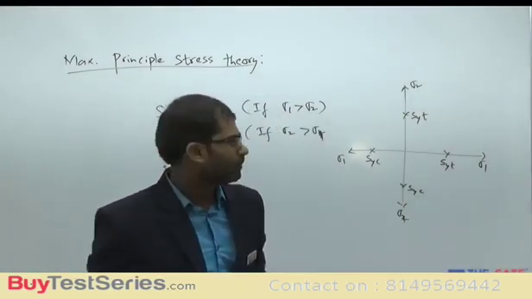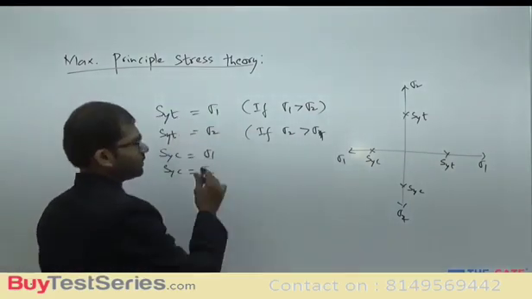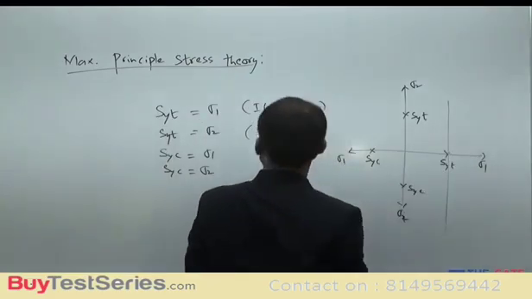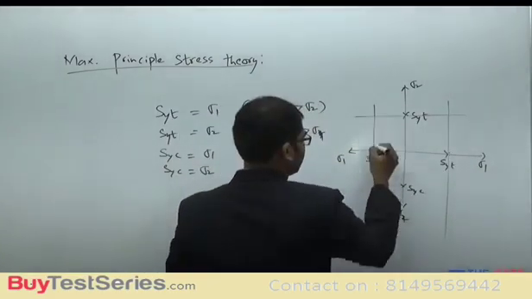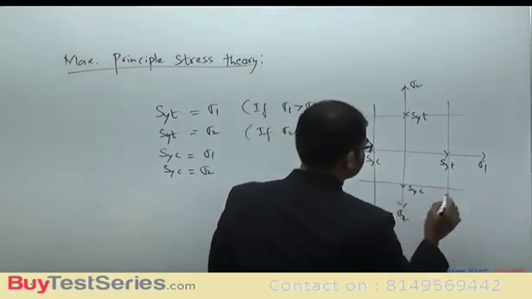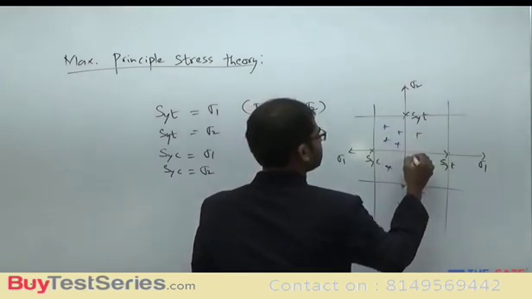Now you draw these lines. First one I'm drawing here: SYT is equal to sigma 1. SYT is equal to sigma 1 means this is a vertical line. SYT is equal to sigma 2. SYC is equal to sigma 1. SYC is equal to sigma 2. So in this one you're going to get sigma 1, sigma 2 values inside this region like this.